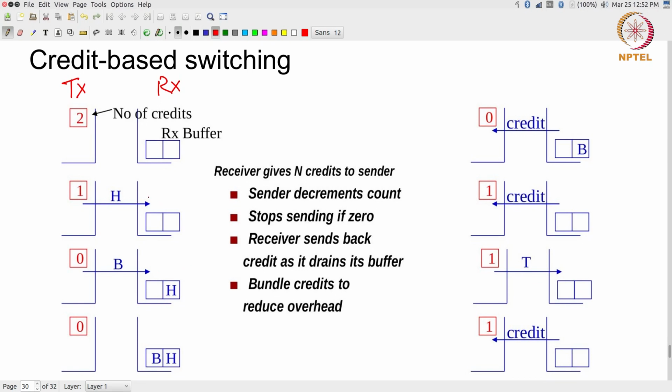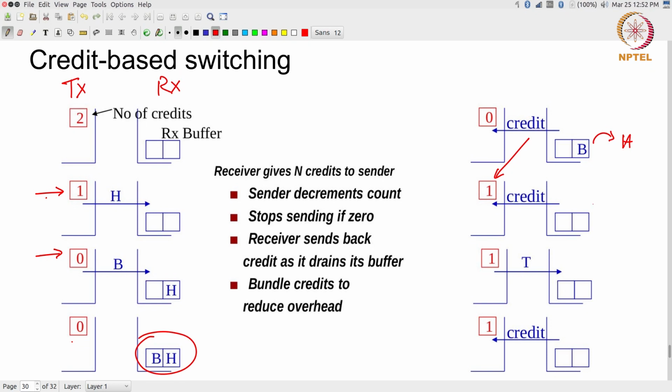As and when each one is sent, the number of credits you can see over here reduces, and at this point the receive buffer is full and the number of credits has gone down to 0, which means that the transmitter automatically stops. Okay. On the receive side, as soon as it popped out this H and sent back 1 credit, that got updated over here.